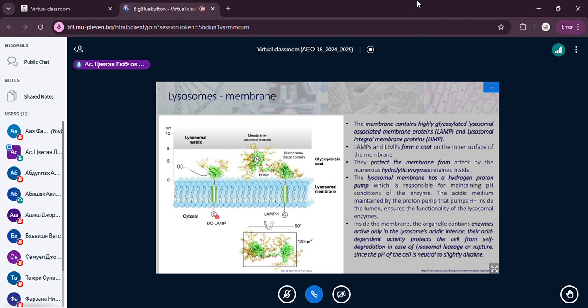This is very important because if there is a leakage in the lysosome, the hydrolytic enzymes which are inside will not completely destroy the cell, because in the different, neutral pH they will get inhibited.